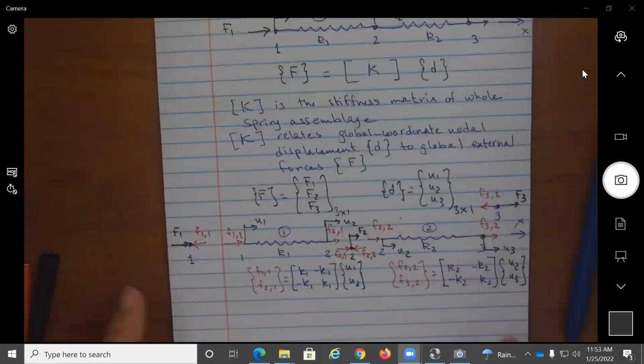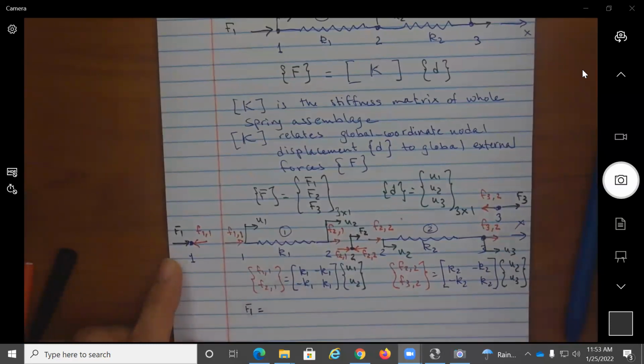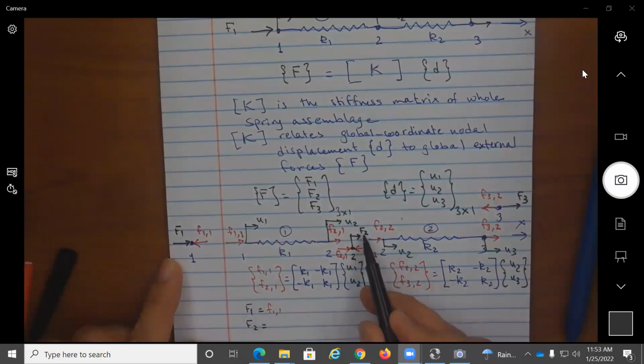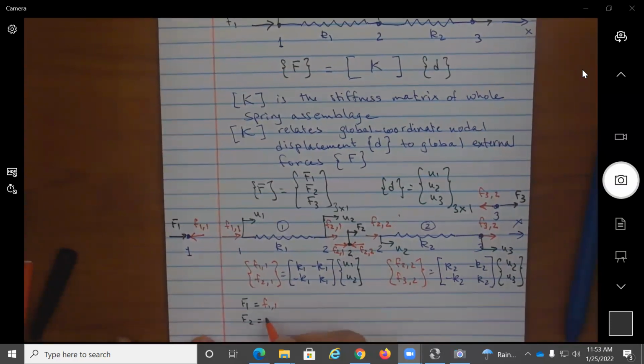So what do we get from the equilibrium of these nodes? I can get 3 equations, namely F1 is equal to F11 from the equilibrium, and F2 here is equal to F21.